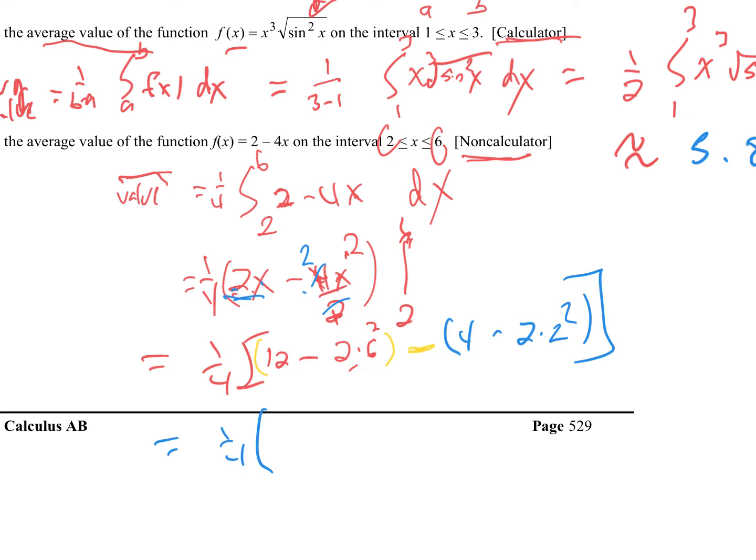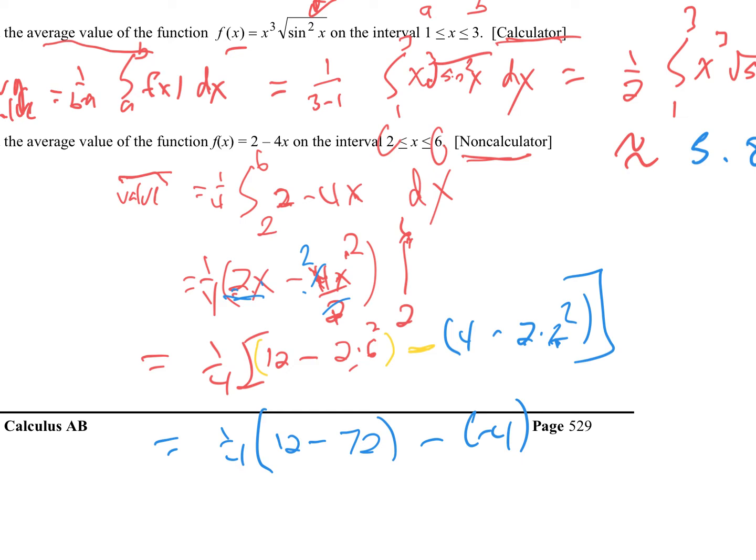1/4 of 12 minus 12 is 0. No, I'm sorry, it's not 12. That's 6 squared. Silly me. That's 12 minus 36 times 2, 72, minus. And then 2 times 2 times 2 is 8. 4 minus 8 is a negative 4.